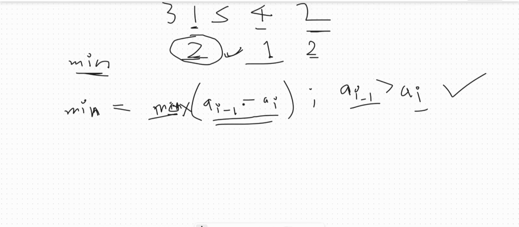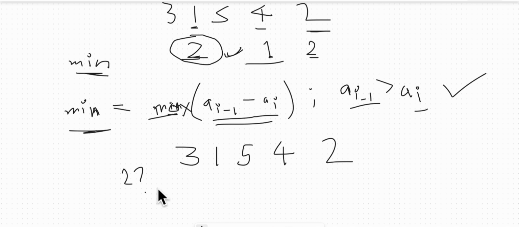Okay, so let us think in the same example 3 1 5 4 2. Can we increase by 2? Because the minimum limit is 2, right? So let's see, we have 3 3 5 6 and then 4. Then again there is one problem, is that both these indices are coming, right?